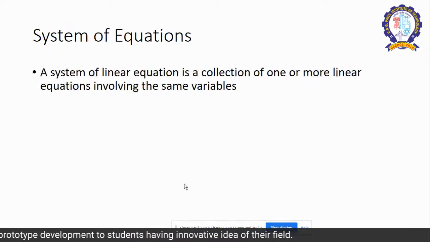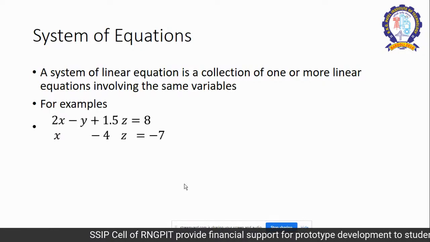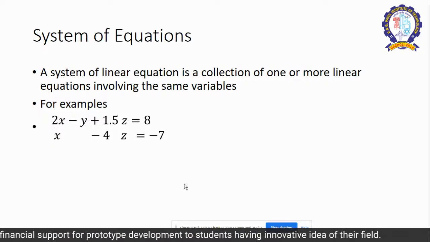Now whenever we go with a system of equations, a system of linear equations is a collection of one or more linear equations involving the same variables. For example, 2x minus y plus 1.5z equal to 8, and x minus 4z equal to 7.